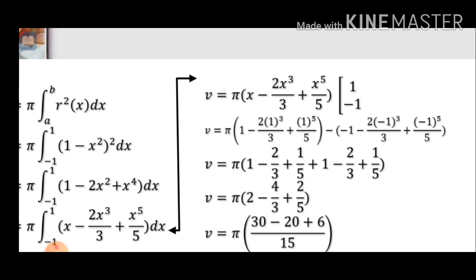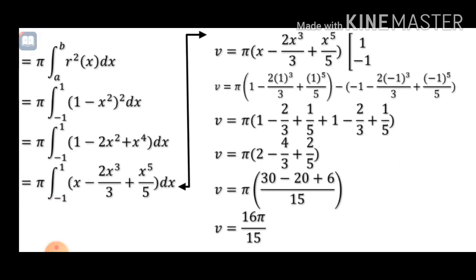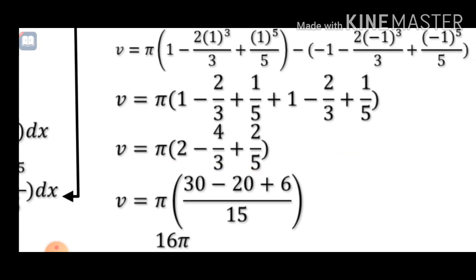V is equal to pi times (1 minus 2 times 1 to the power of 3 over 3 plus 1 to the power of 5 over 5) minus (negative 1 minus 2 times negative 1 to the power of 3 over 3 plus negative 1 to the power of 5 over 5). V is equal to pi times (1 minus 2 over 3 plus 1 over 5 plus 1 minus 2 over 3 plus 1 over 5).